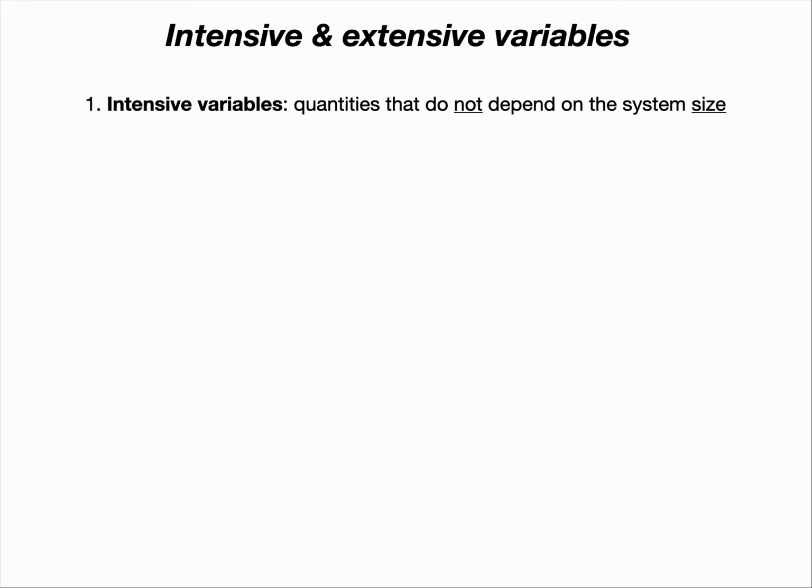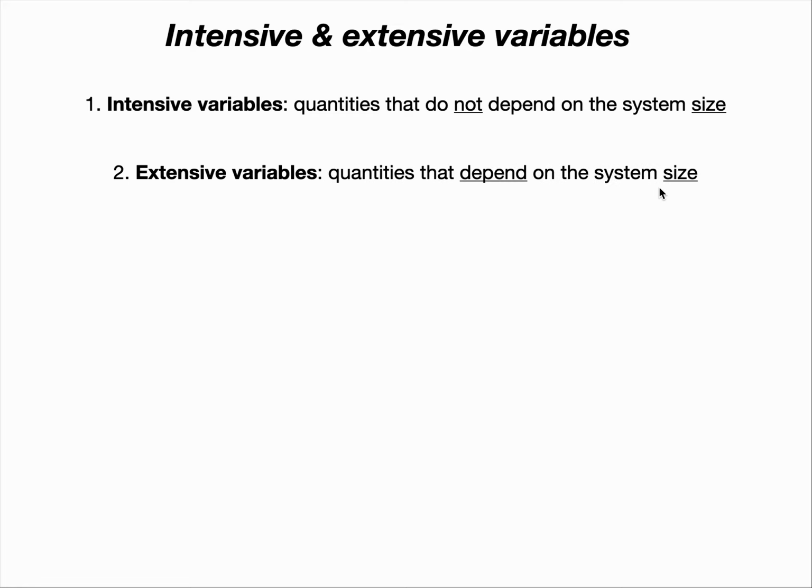We talk extensively about intensive and extensive variables in thermodynamics, so they need to be defined. An intensive variable is a quantity that does not depend on the size of a system. An extensive variable depends on the system size.